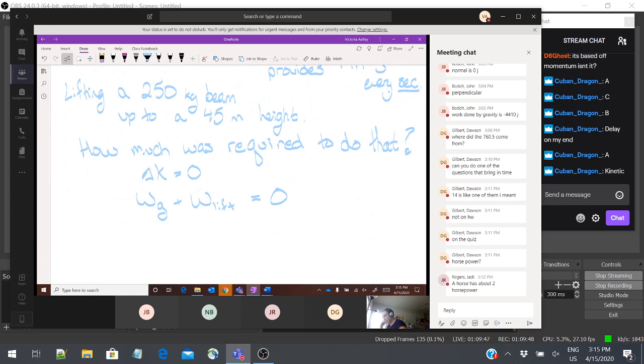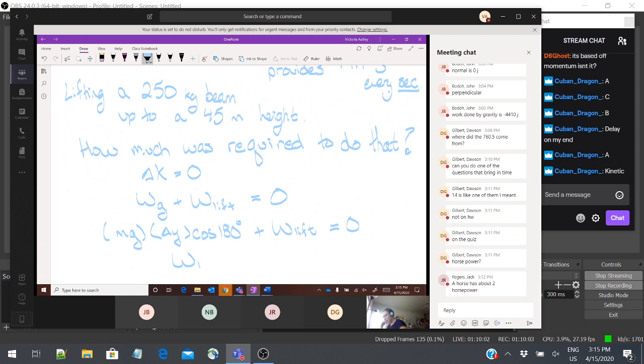Gravity does mg times distance times cosine of 180, so the work done by the lift must be the negative of that.